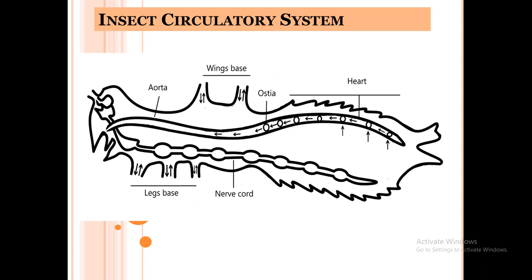The circulatory system of an insect is divided into two main portions.